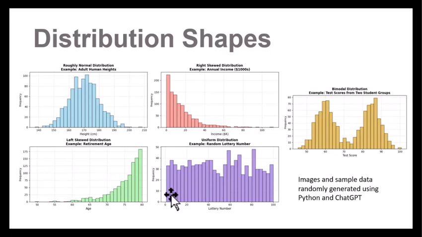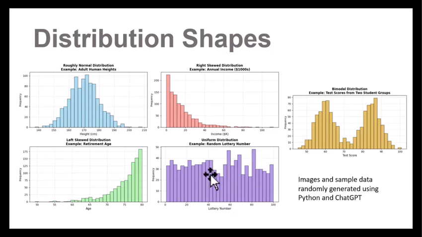The last distribution shape I'll talk about here, and there are others, but these are the basic ones, is called a uniform distribution. In this case, the example is a random lottery number. So the numbers across the horizontal axis are lottery numbers, in this case from 0 to 100. And the frequency bars are not all exactly the same height.